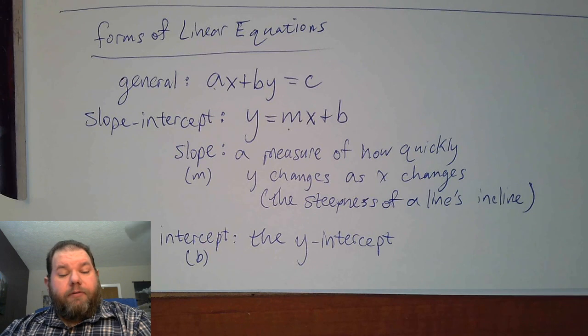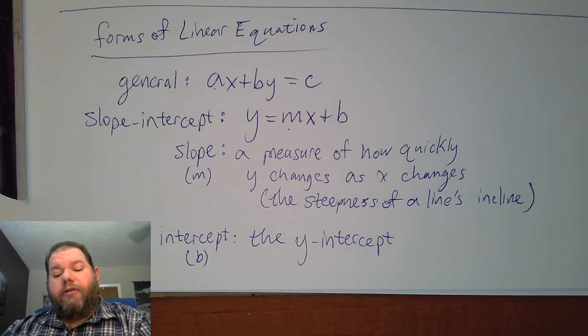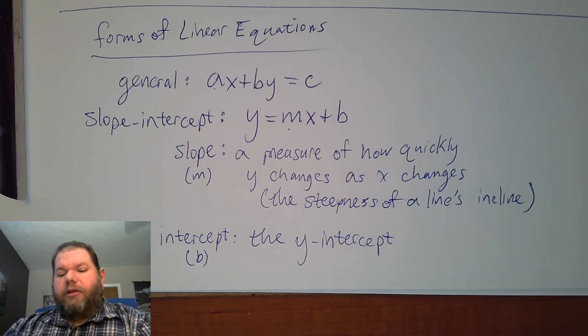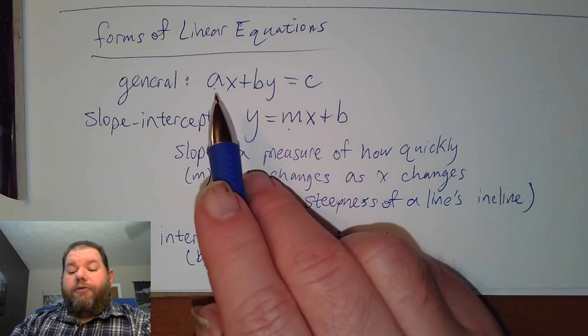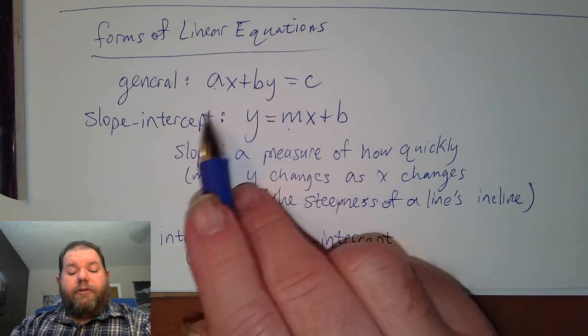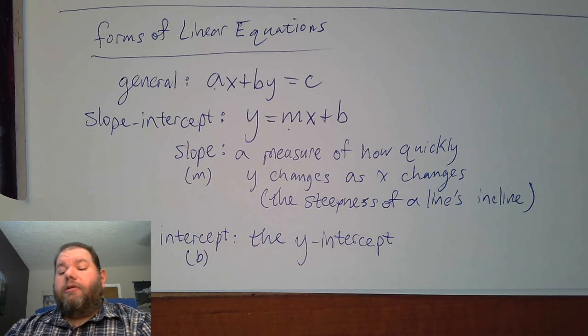So there was a previous problem where we solved for y in order to help us set up a scenario where we can make a t-chart and graph the equation. That's basically the process of going from the general form to the slope-intercept form. Okay.